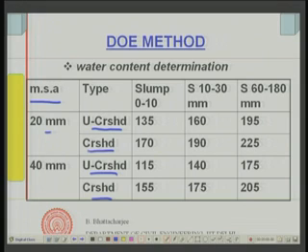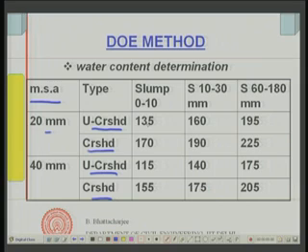So, when you have combined aggregate crushed, then for slump 0 to 10, the water is 170, for 10 to 30 it is 190, and for 60 to 180; in between there is one more column which I have not put in. So, you see the water content can be determined from a table like this, knowing the maximum size of aggregate and the type of aggregate, that is crushed or uncrushed, because the shape of the aggregate has been classified into two classes.